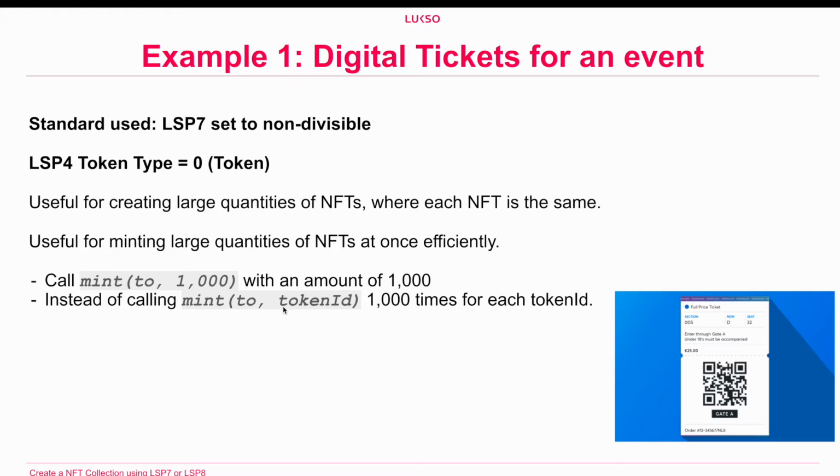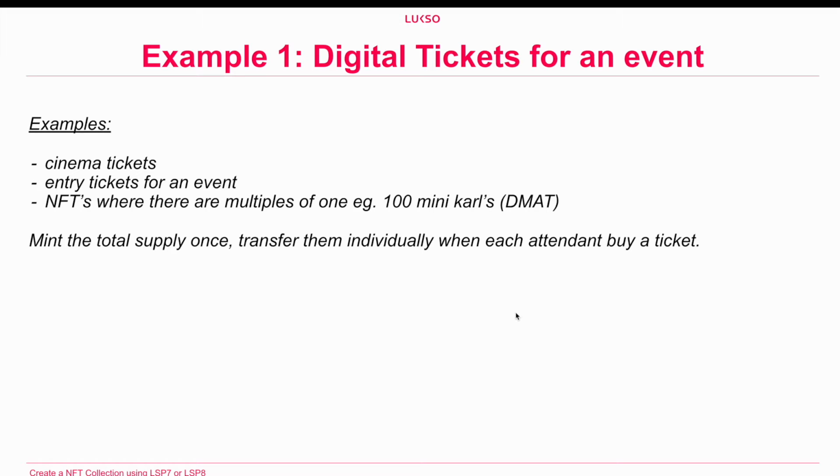This is useful because we can do that in a single transaction instead of calling mint with the token ID 1,000 times. So a good example of a use case for that is cinema tickets, or event tickets, where we want to supply the total amount that we want to create, and then we can afterwards transfer each of them individually, or each attendee to the event can basically claim the NFT.